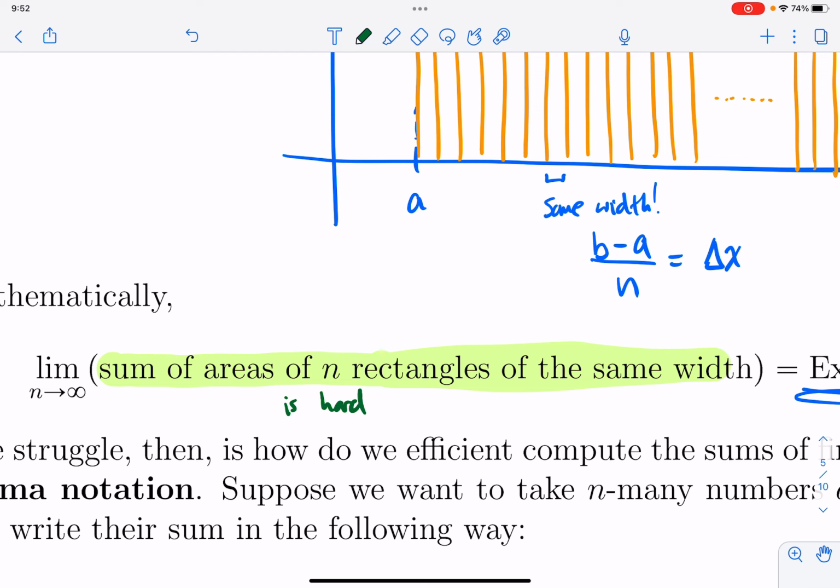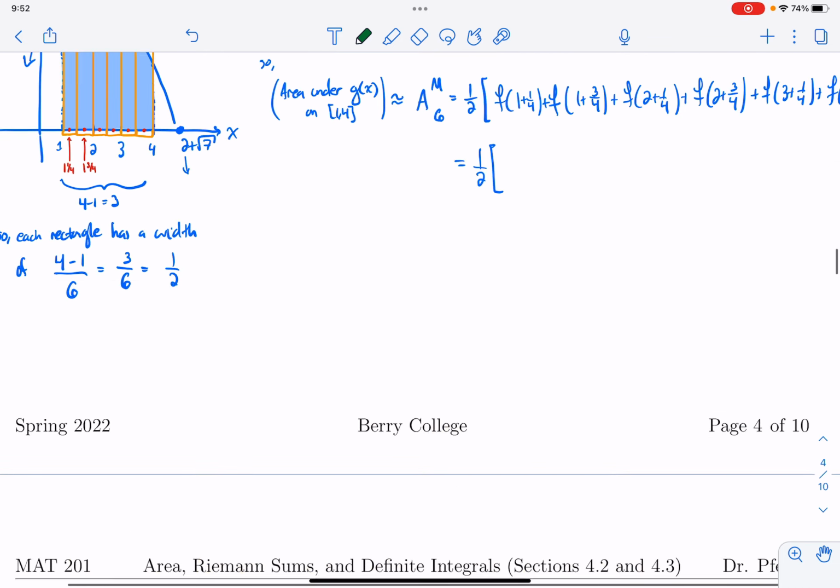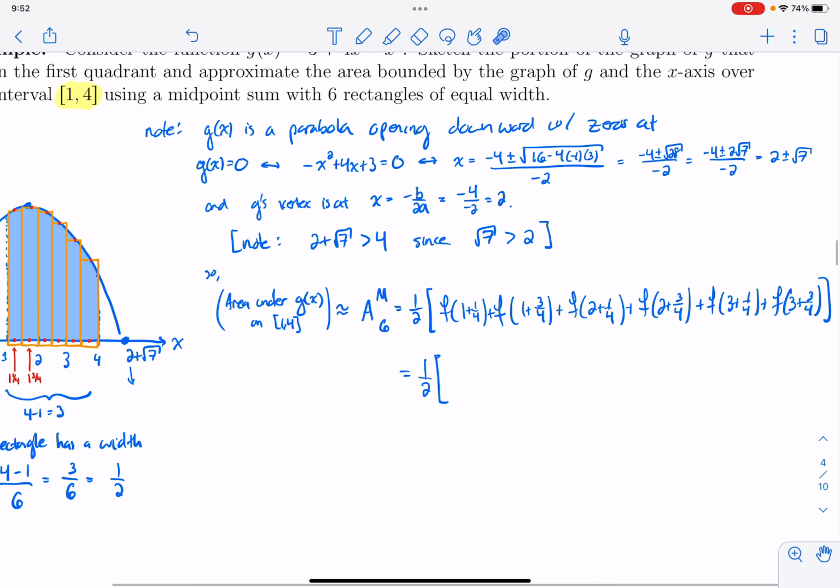It is difficult to find a formula that computes the sum of the areas of an arbitrary n rectangles. We can find sums of, say, 6 rectangles, like this. But as soon as this list becomes infinitely long, because you have infinitely many rectangles, this is a very difficult thing to compute. There's no way you're going to do this bit by bit.